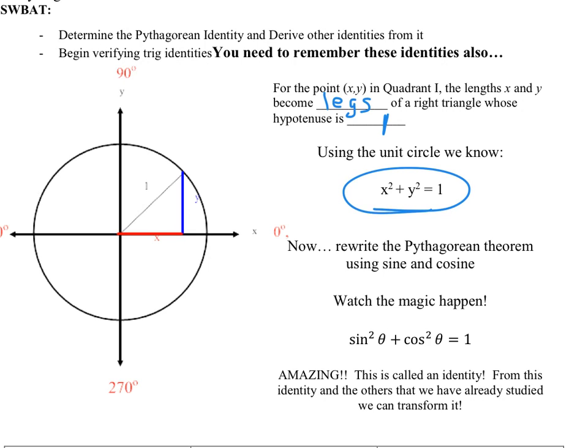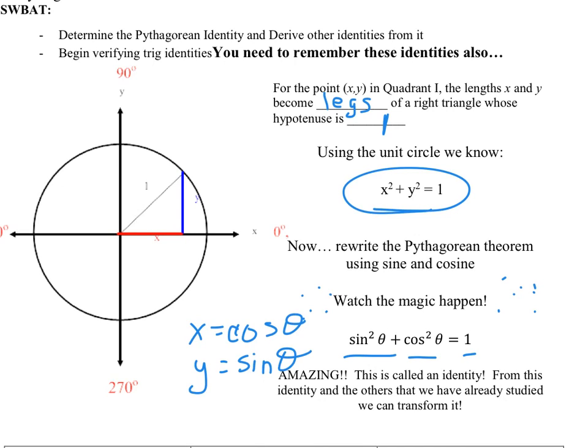And then magic, that's my symbol for magic, using, remember, x is your cosine, and y is sine. Get anything out of the unit circle, you get that. X is cosine, y is sine, so rewriting x squared plus y squared equals 1, we have this new identity.